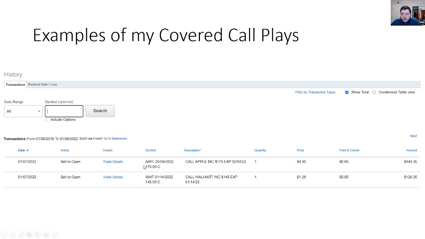Meaning if Apple doesn't go above $179.45, then it's a good play. Otherwise, I probably shouldn't have done it, unless I was looking to sell the shares anyways. And this last one is Walmart, expiration January 14th for $145, and made $128 on that premium.